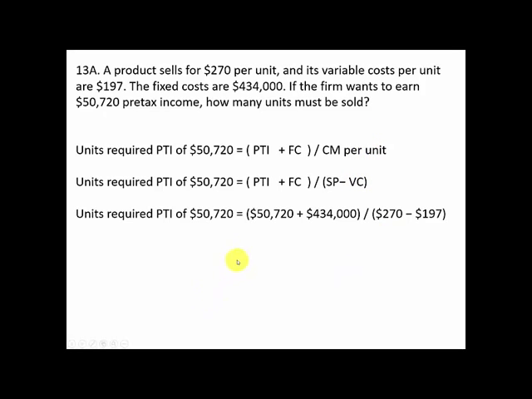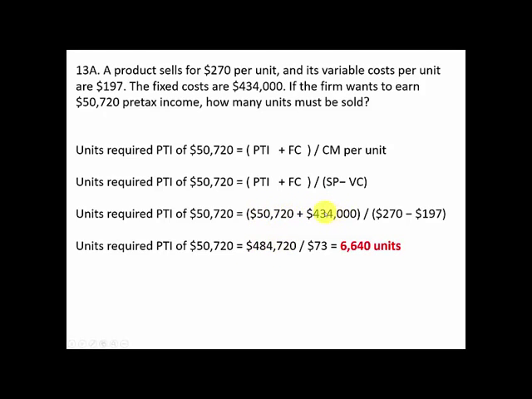So pre-tax income of $50,720 plus fixed cost of $434,000 gives you $484,720.